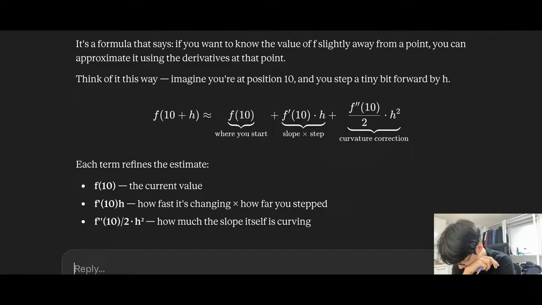So f(10 plus h) is f(10), where you start, plus f prime 10 times h, plus f double prime 10 over 2 times h to the power of 2. The current value, how fast it's changing, how far you stepped.